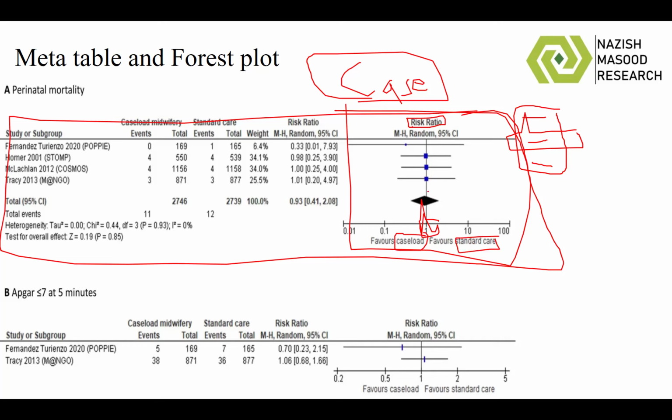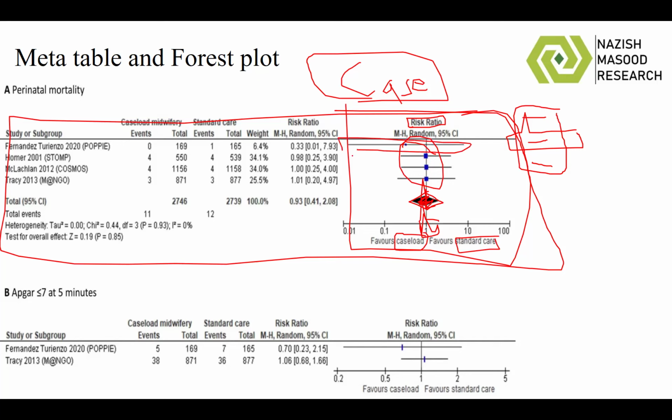Now, if you look at this diamond shape, the diamond shape represents the overall, the summative estimate of the effect size. So this basically tells us the cumulative effect size of all of these studies. Now, as you see, this is one study.